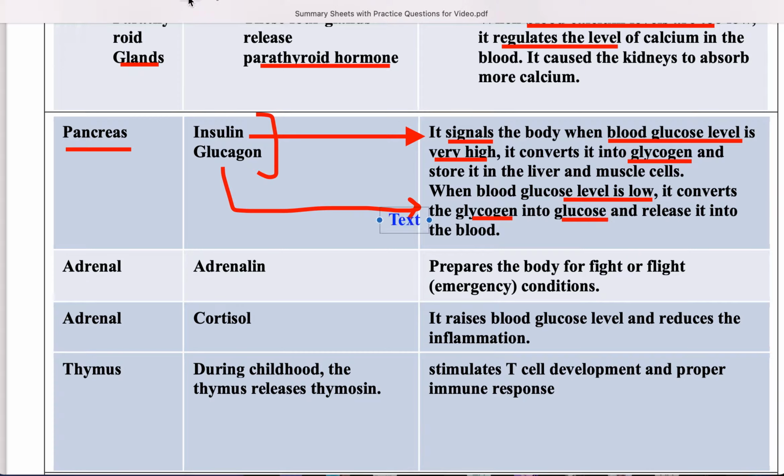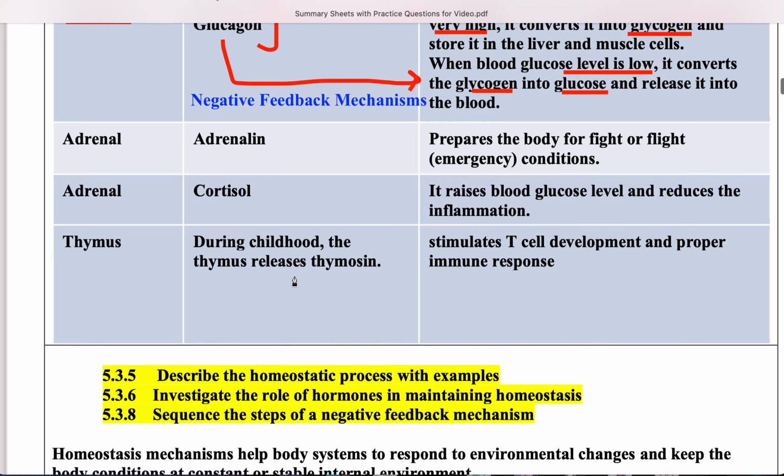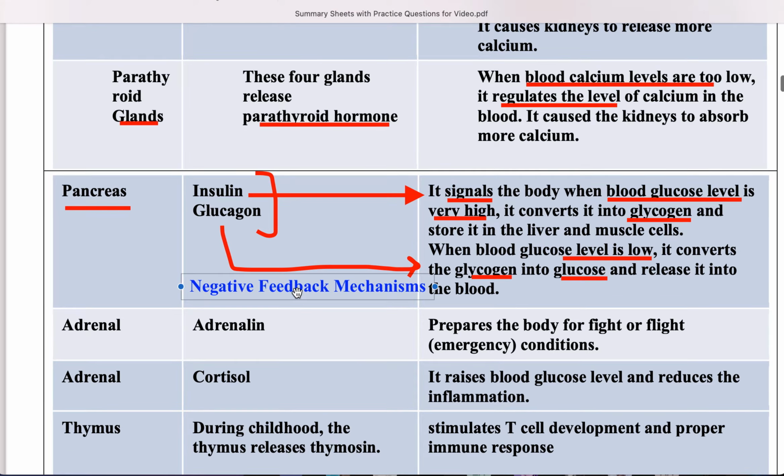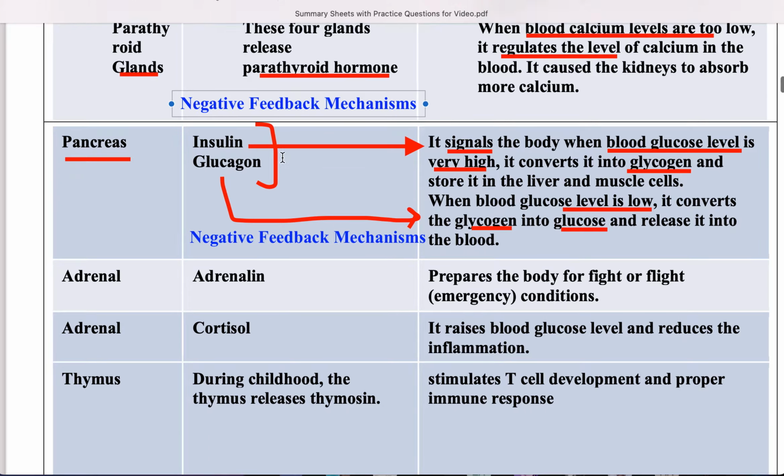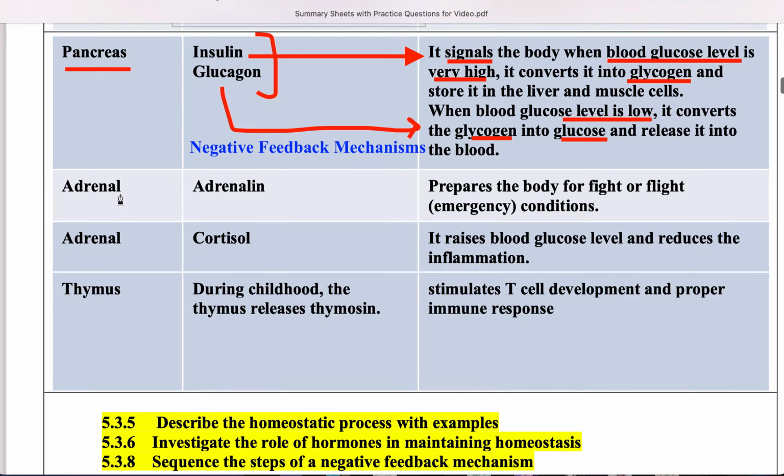Such kinds of mechanisms are known as negative feedback mechanisms. Now we have the same over here. This is a negative feedback mechanism. Another example is down here.